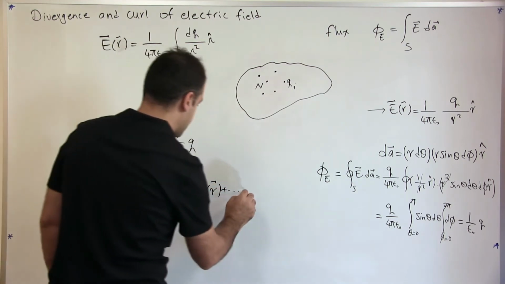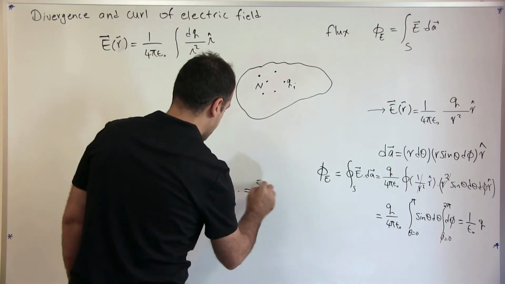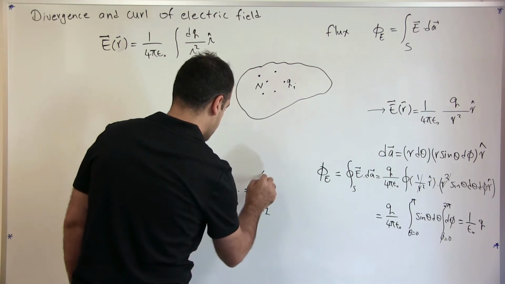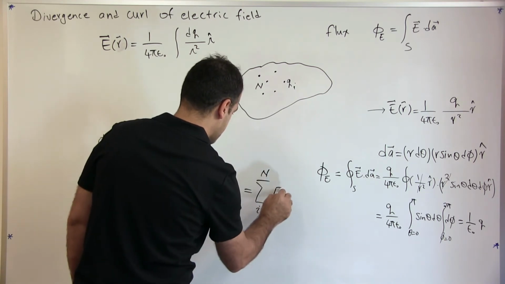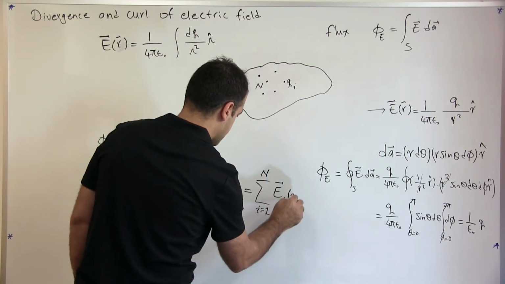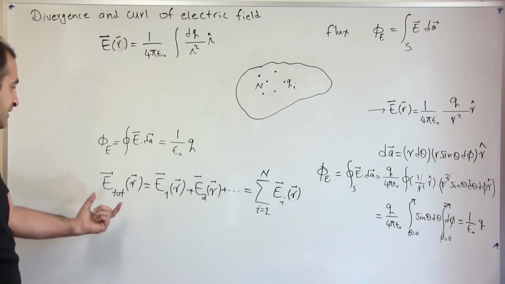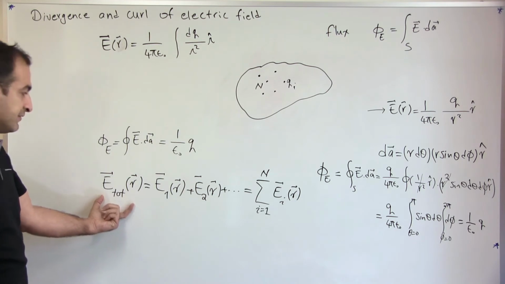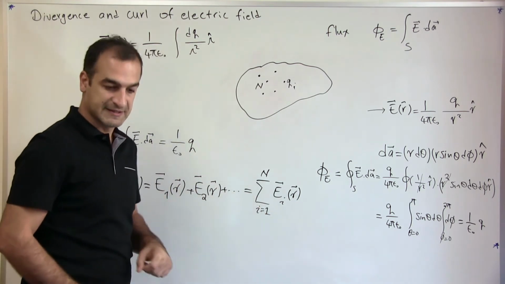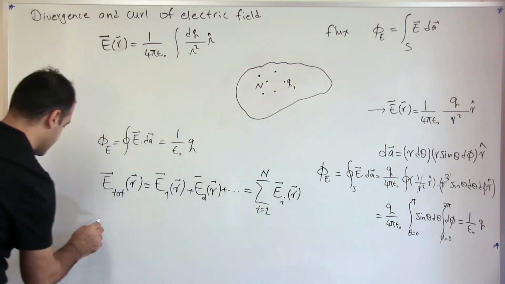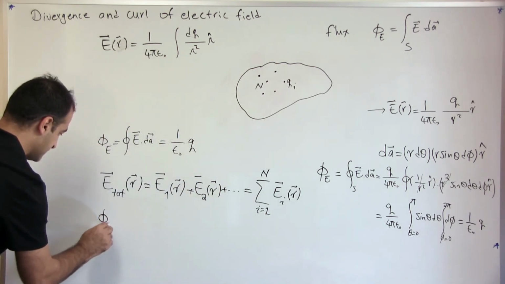And I can write it as a sum over i from 1 to n of Ei at position R. Okay, so this is technically how we can write the electric field created by all these charges. Now, let's look at the flux of the electric field.